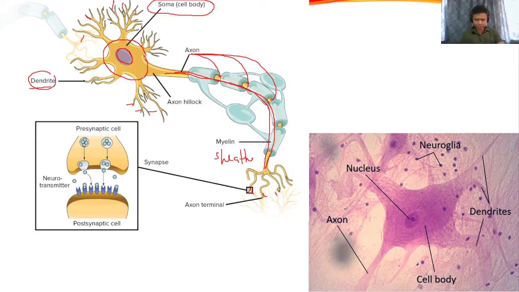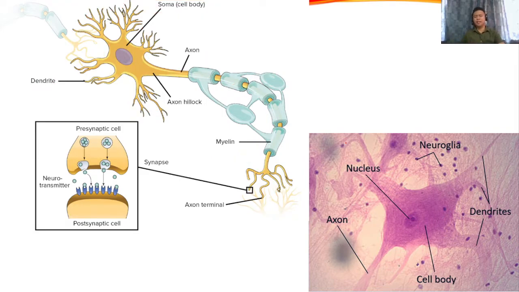Moving forward, the axon tends to send signals coming from the soma towards the axon terminal, proceeding to the dendrite of the other nerve cell.